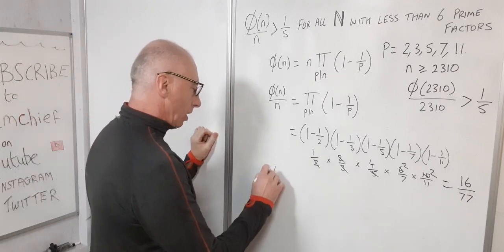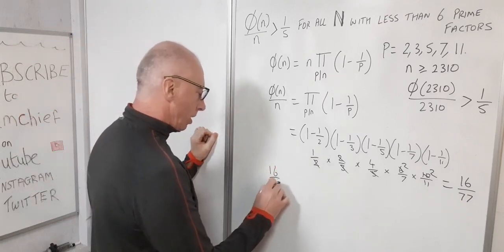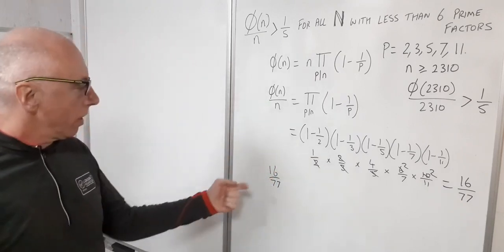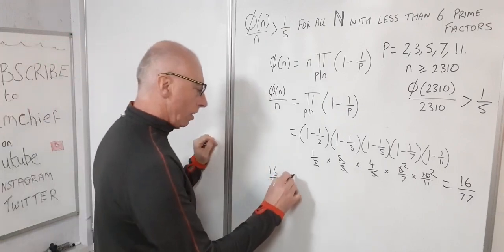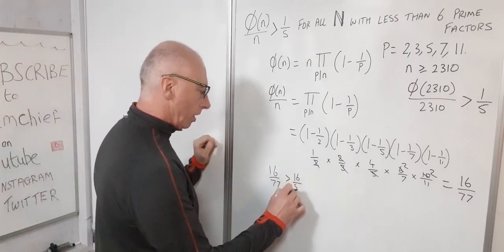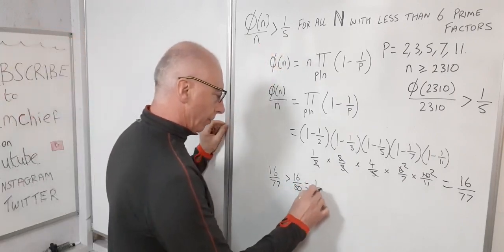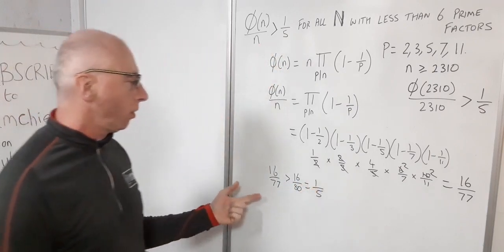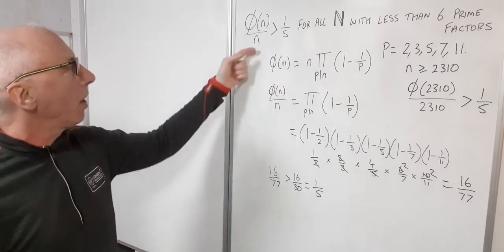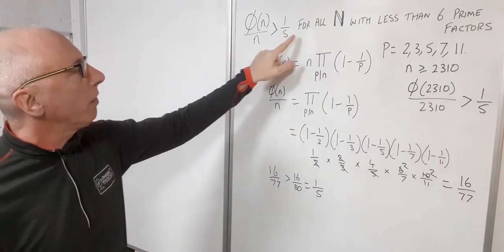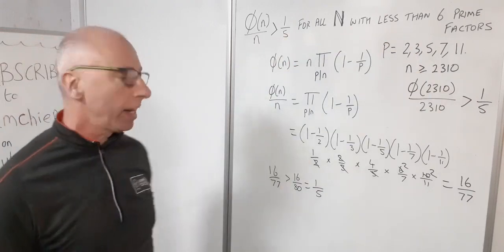Now we know 16 over 77, this is larger than 16 over 80, which is our 1/5. So therefore we've shown that phi of n over n is greater than 1/5 for all natural numbers with less than 6 prime factors by way of this.